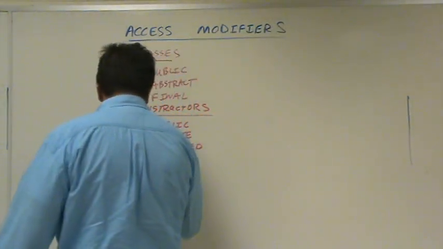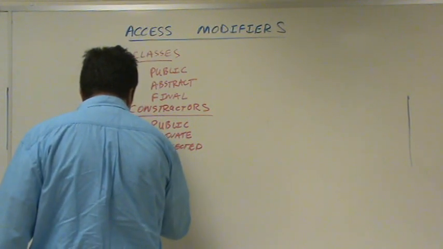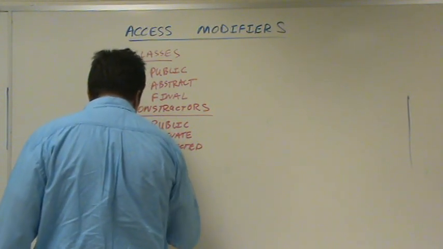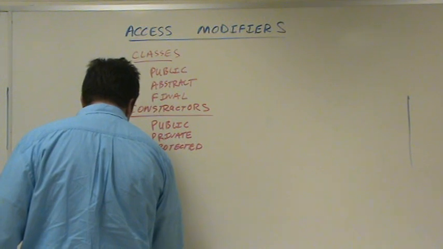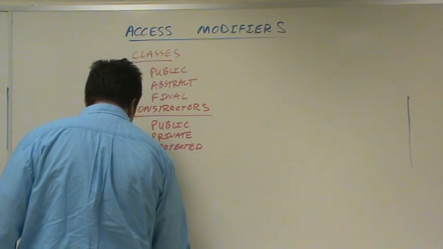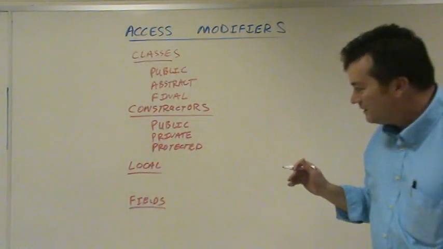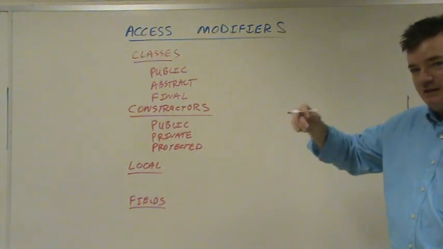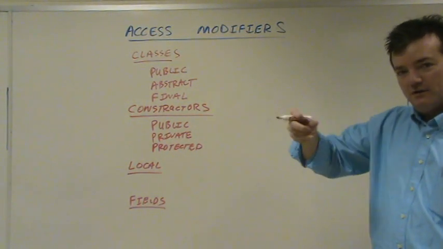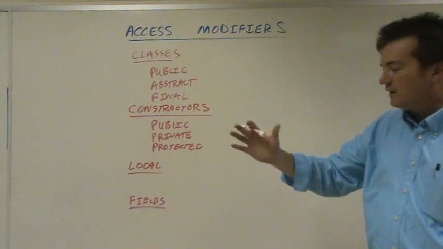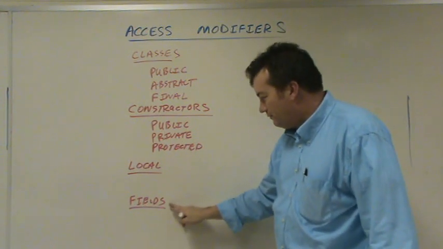Now there's also a distinction between local variables and fields. So within a class, we have variables within the class. If you create an object, every object gets one version of that, what Java likes to call fields.